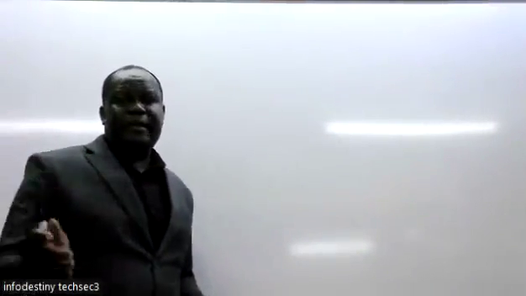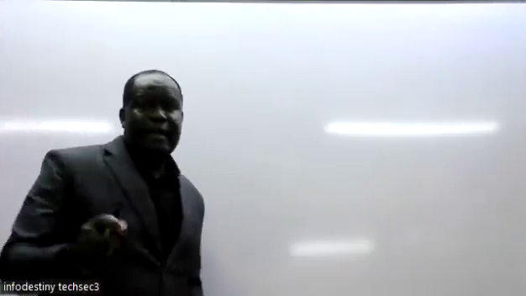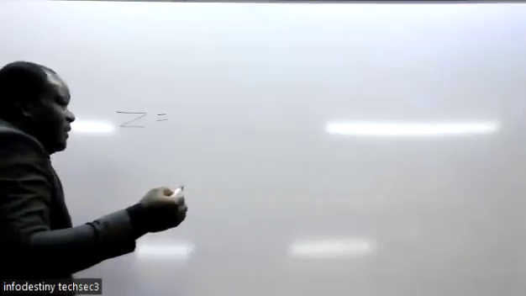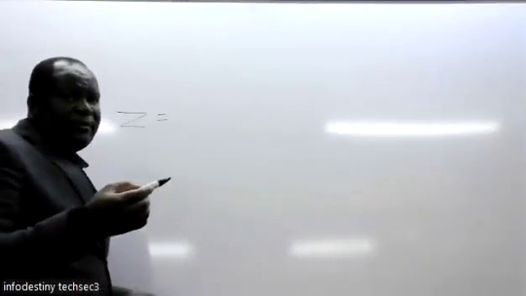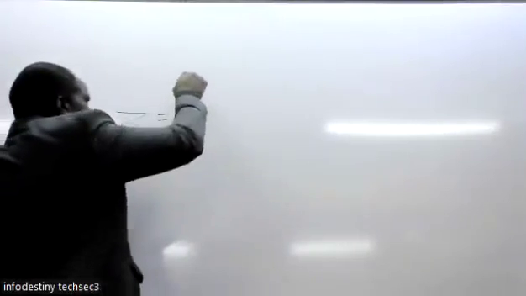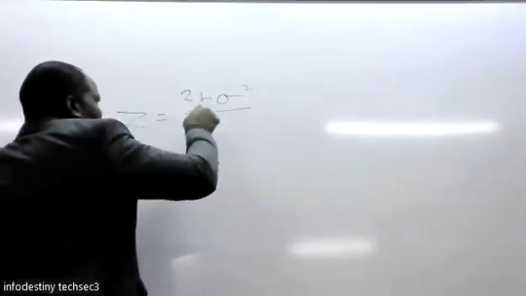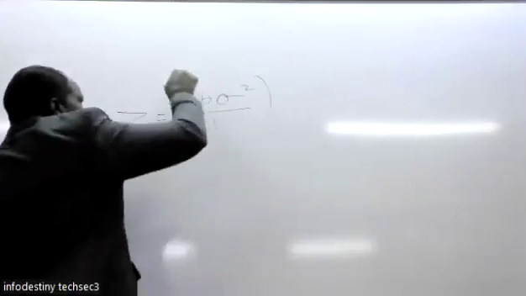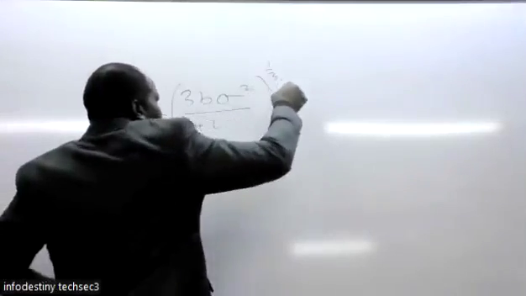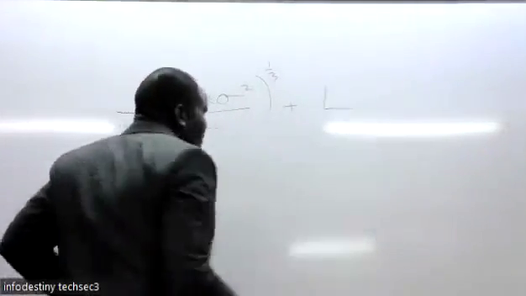So that Roman letter 3 is Z, the return point, the same as the optimum or the target. So we start by calculating Z. Z is given by 3B times the variance, we divide by 4i, then raised to 1/3, then we add L like that.